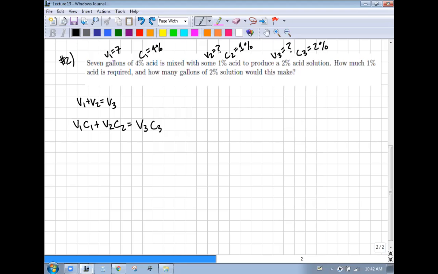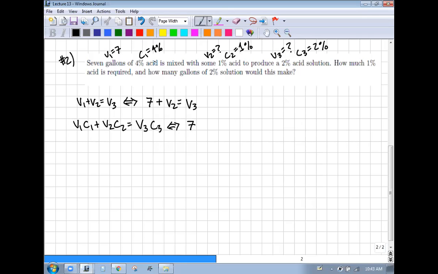If we plug these numbers into our basic equations here, V1 is 7 gallons, and then V2 is unknown, and V3 is unknown. If we plug our numbers into this equation, we have 7 for V1.